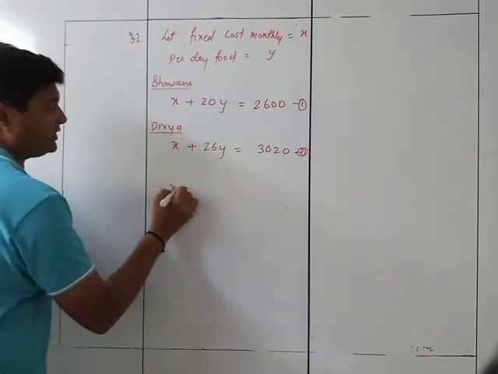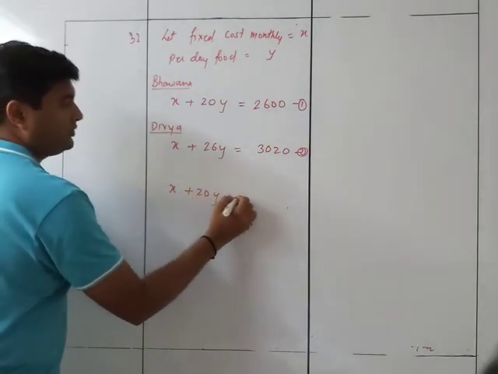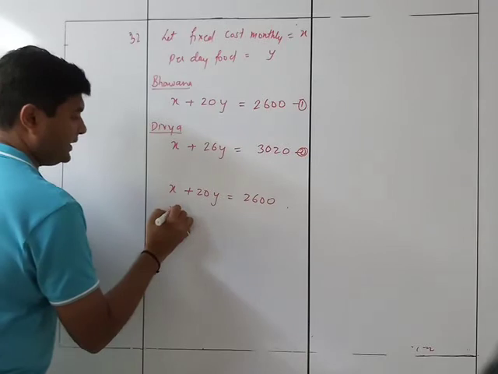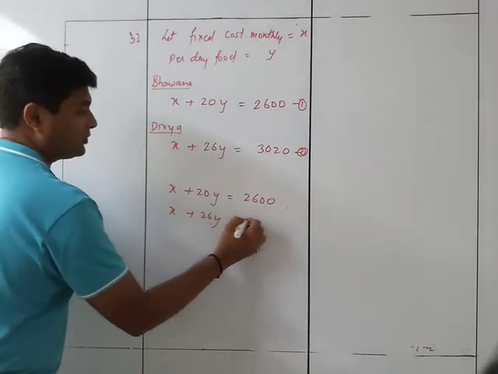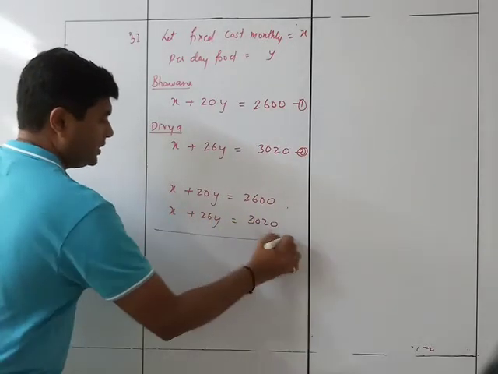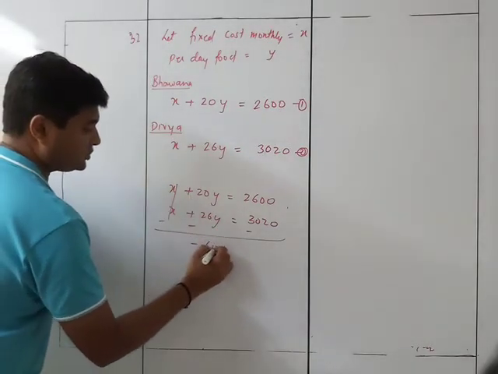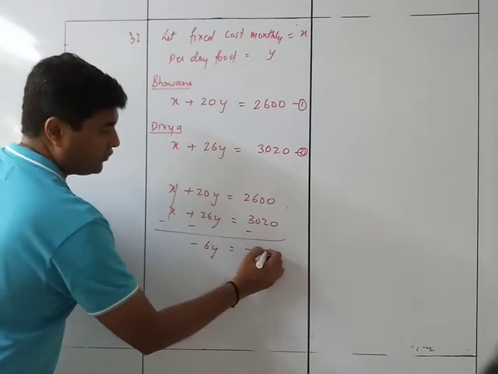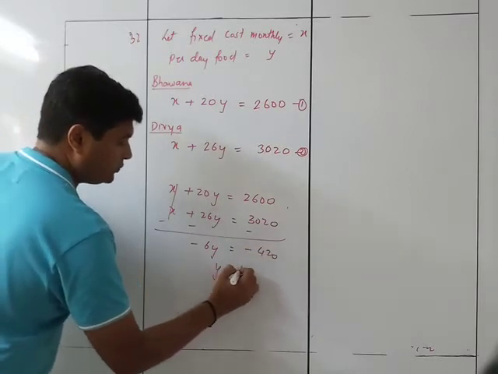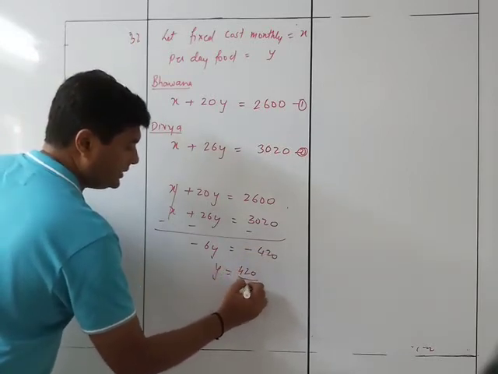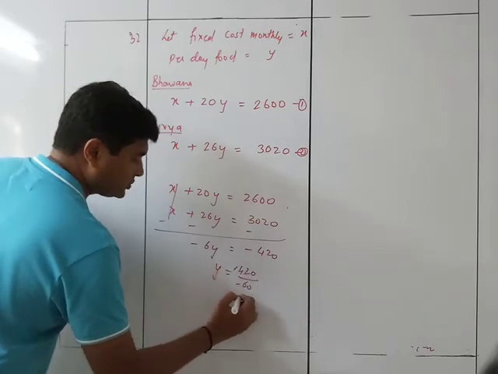So we have over here x plus 20y is equals to 2600 and x plus 26y is equals to 3020. Accordingly, we have over here, this gets cancelled, this is minus 6y is equals to minus 420, y is equals to 420 upon 6, minus minus gets cancelled, is equals to 70.